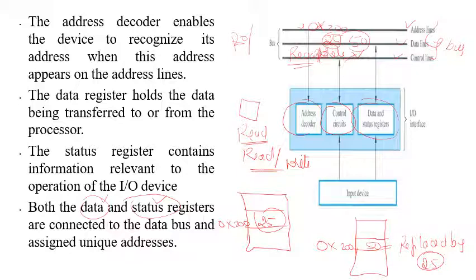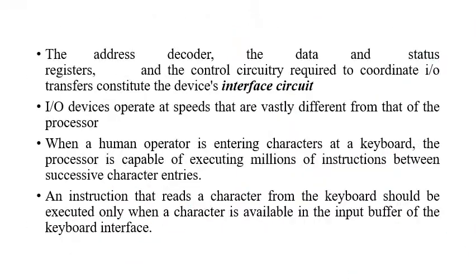These registers, data in, data out, as well as S in, S out, are assigned a unique address that will be present in this particular block. We have already discussed the importance of S in, S out, data in and data out.